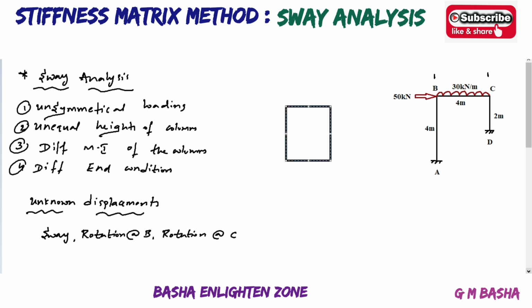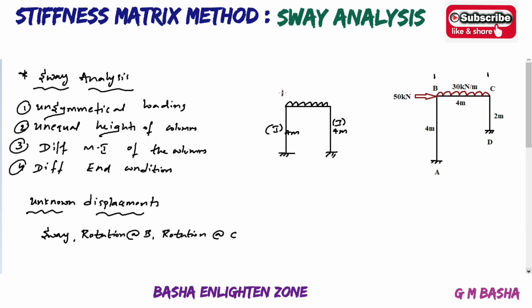Suppose the frame looks like this: both ends fixed and the same height, that is 4 meters and 4 meters, with equal distribution of the loading, and at the same time equal moment of inertia for both columns. This type of frame comes under the non-sway analysis because of the same end conditions, equal height of the columns, equal moment of inertia, and symmetrical loading.